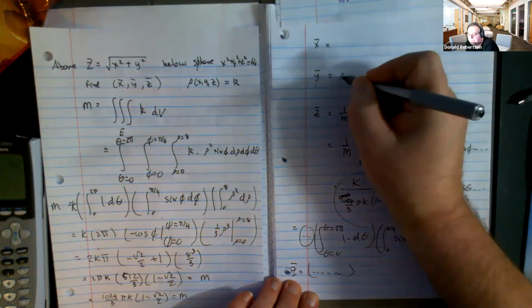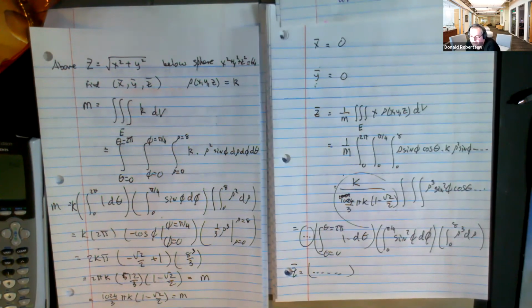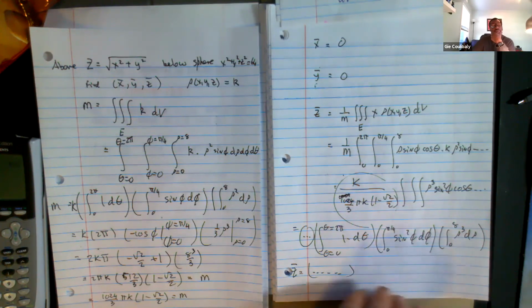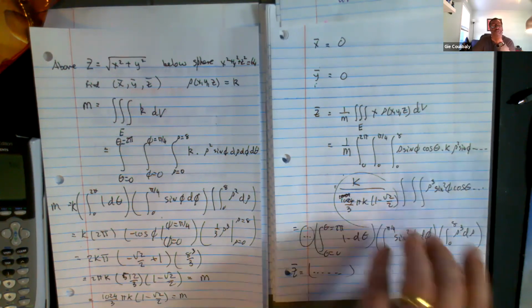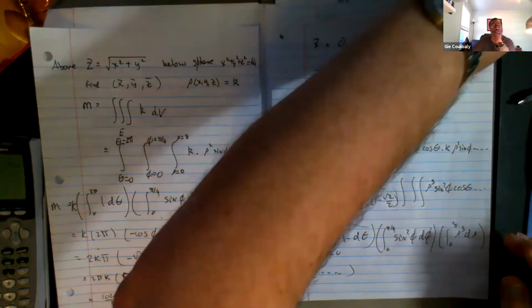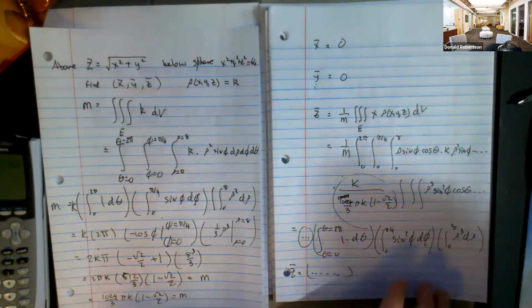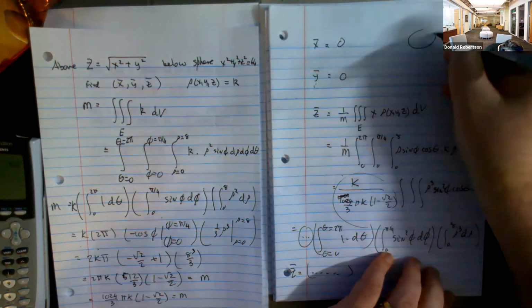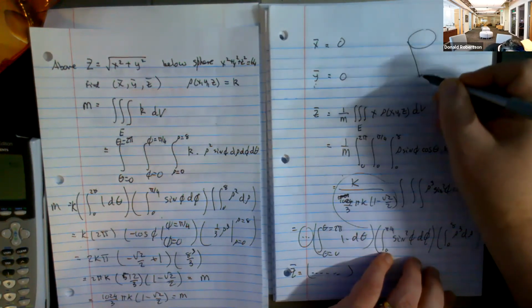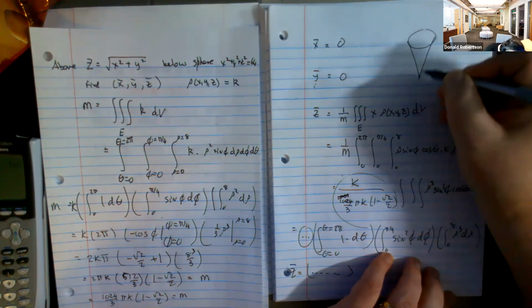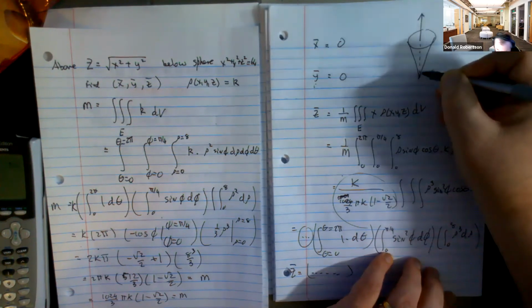0 and 0. Why can I do 0 and 0? Is it because there is symmetry in the cone? Yes. If you imagine a cone, let's say it's pointing downwards, and the z-axis is going right through the center of it, right?